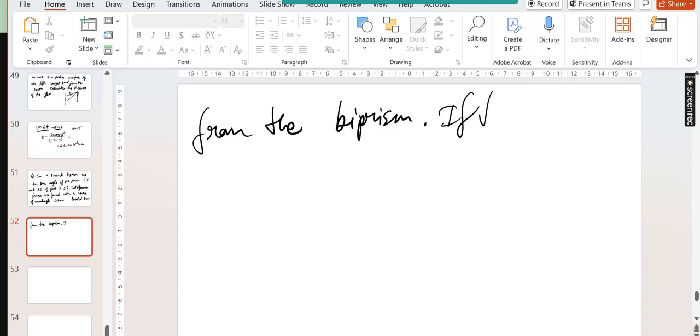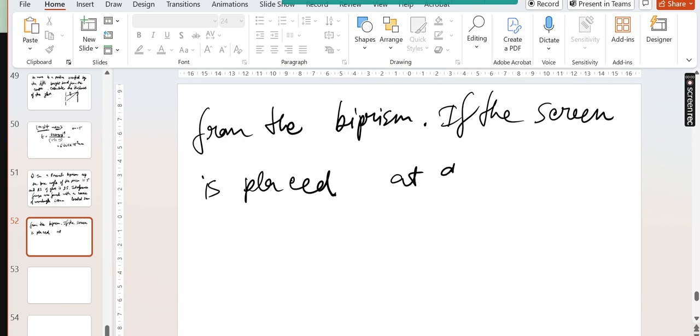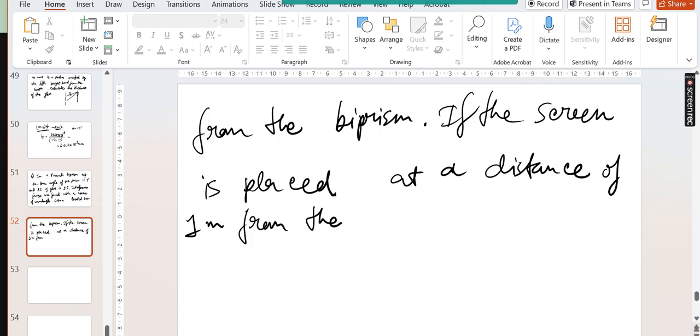The screen is placed at a distance of 1 meter from the source.